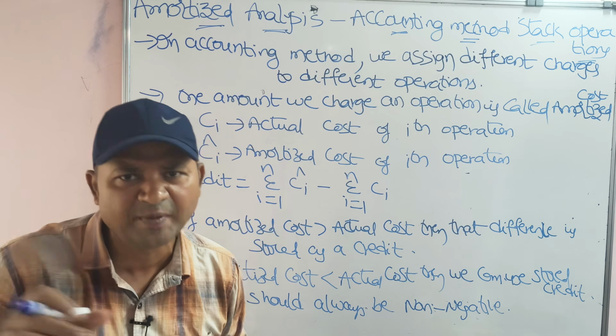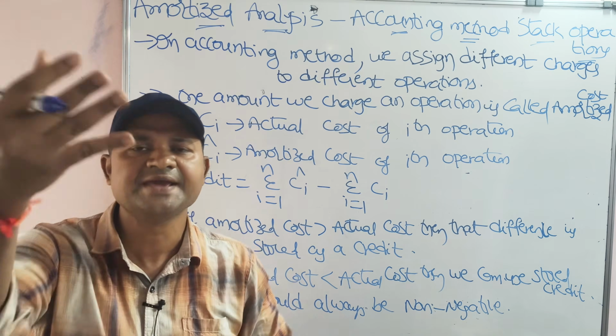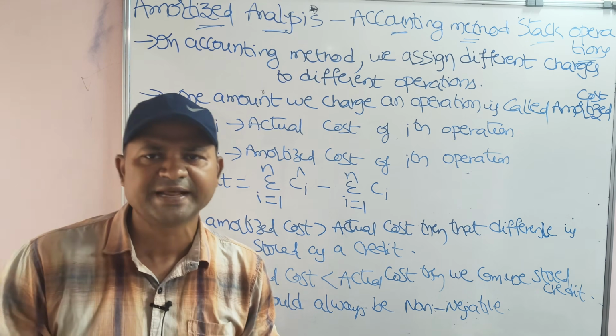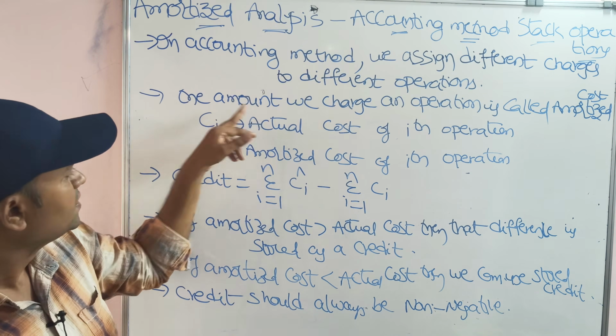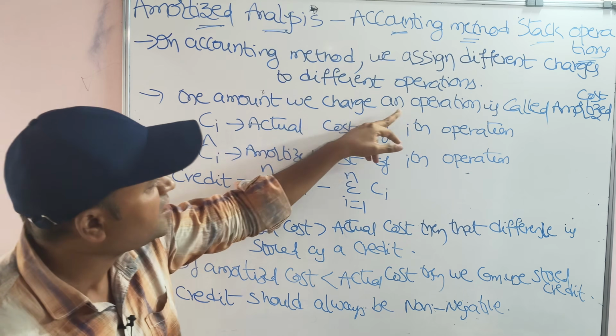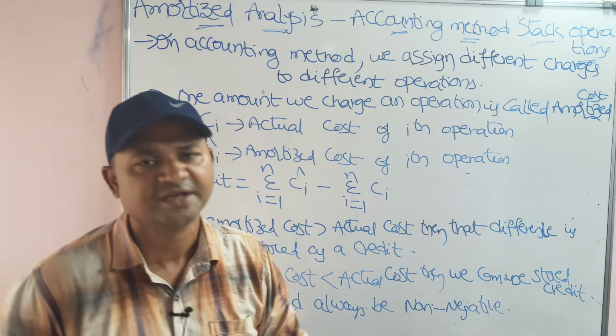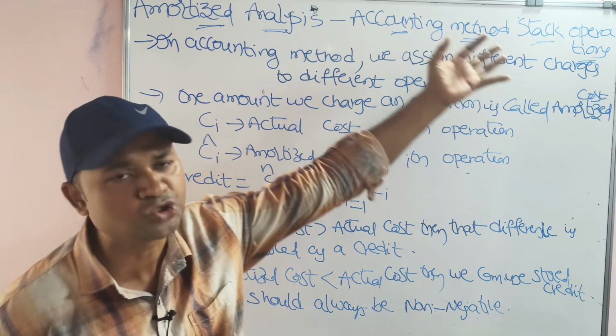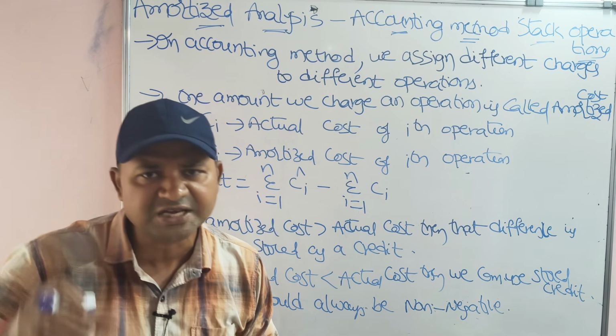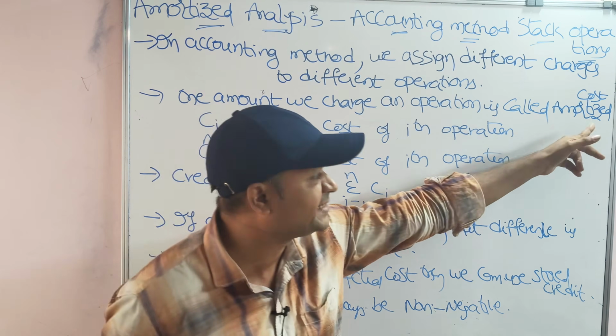For one operation, we may assign higher cost. For other operations, we may assign lesser cost. The amount we charge an operation is called amortized cost. So now we are assigning a cost to the operation, and that cost is called amortized cost.